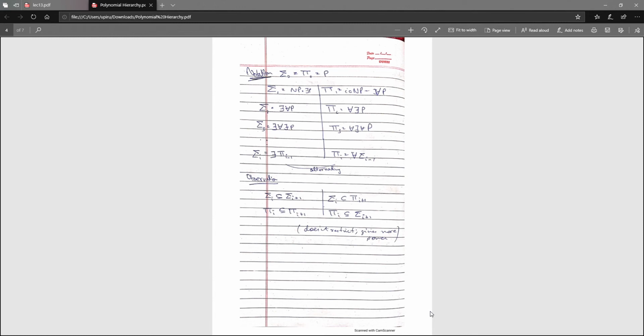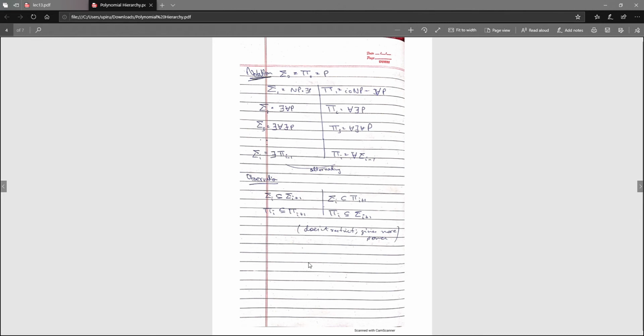Okay, so the next observation we can make is sigma I is a subset of sigma I plus 1, and product I is a subset of product of I plus 1. So NP is contained in sigma 2, and sigma 2 is contained in sigma 3, right? And so on.